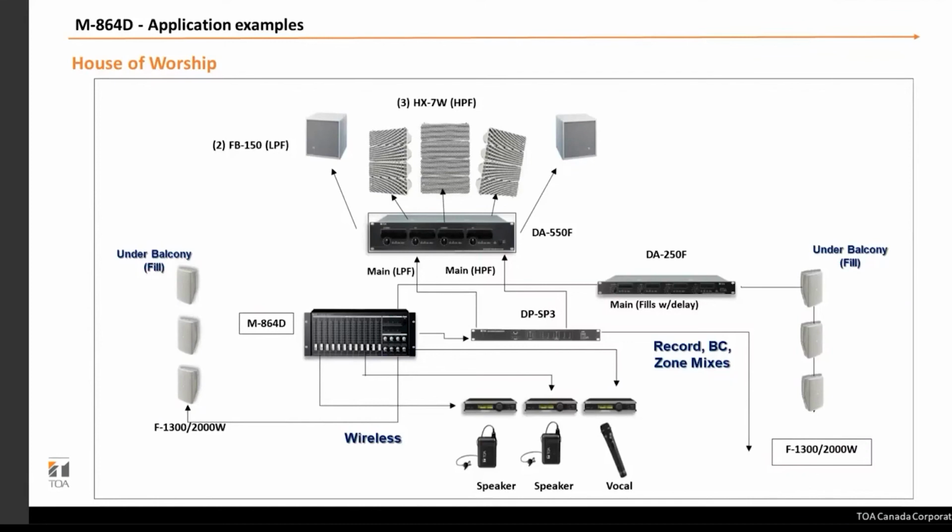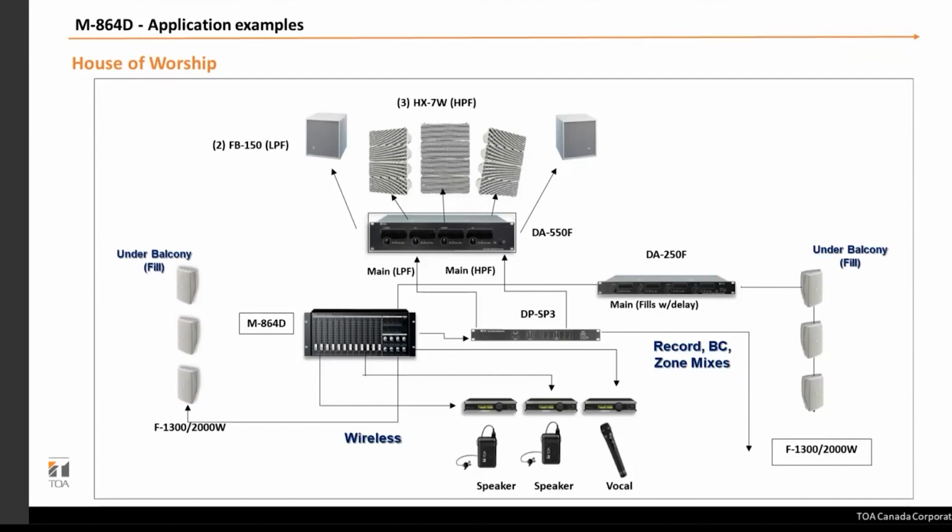This is also utilizing the speaker processor DPS3 that we were discussing earlier, as we have some line arrays in that system. This will give us the ability to have electronic crossover and also delay possibility, because we do also have under balcony speakers in this house of worship, and we need delay.